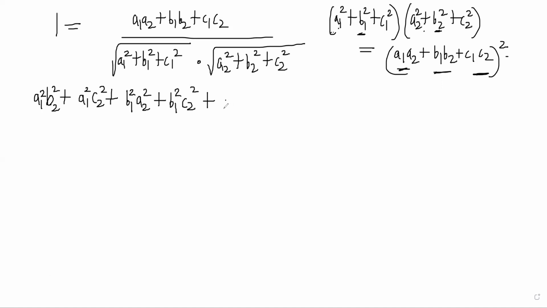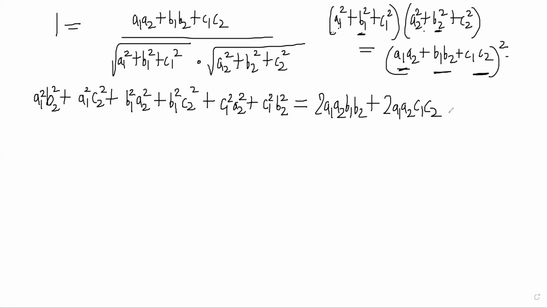And again c1 a2 will be left over and c1 b2. These are the terms that will be left, right? Yes, sir. 3 terms will cancel, 6 terms will remain out of the 9 terms. It is equal to 2 times a1 a2 b1 b2 plus 2 times a1 a2 c1 c2 plus 2 times b1 b2 c1 c2. Right?